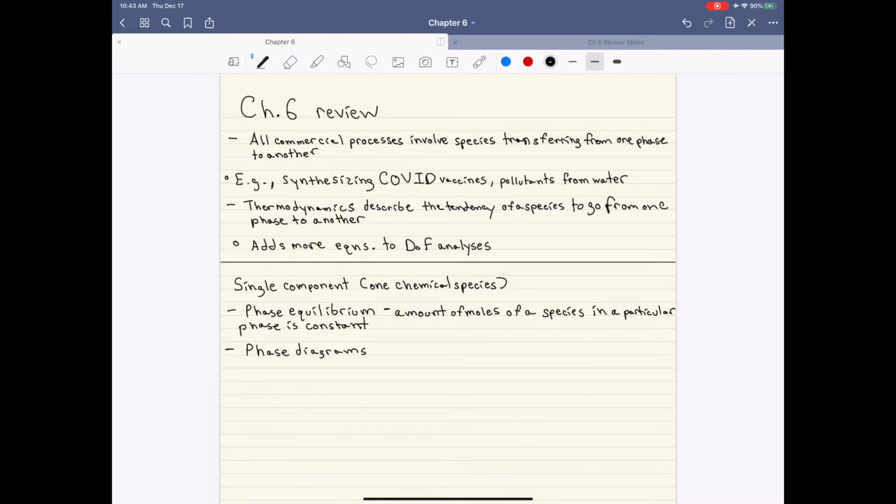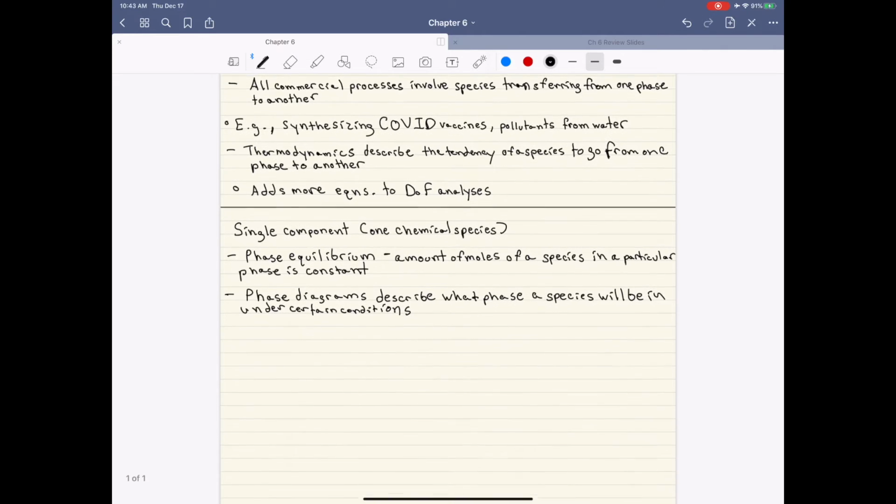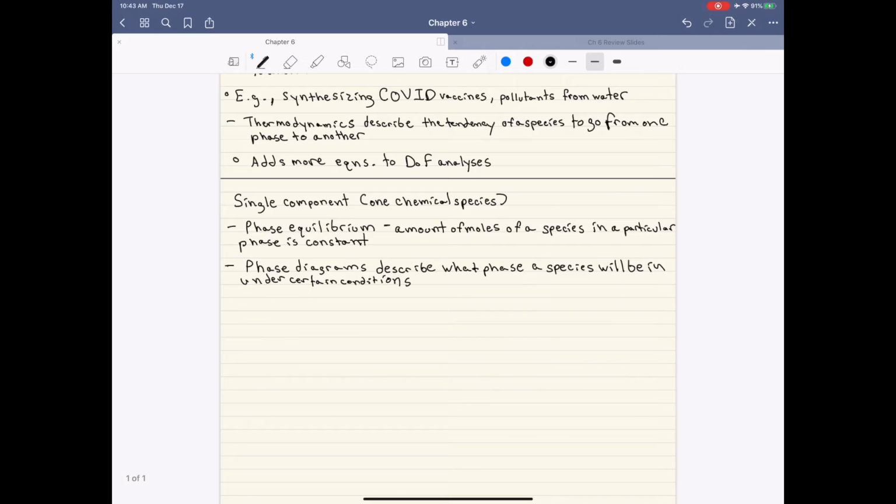So phase diagrams describe what phase a species will be in under certain conditions. All right, and in a little bit, I'm going to go through the phase diagram for water. This is something you probably saw even back in your general chemistry courses.